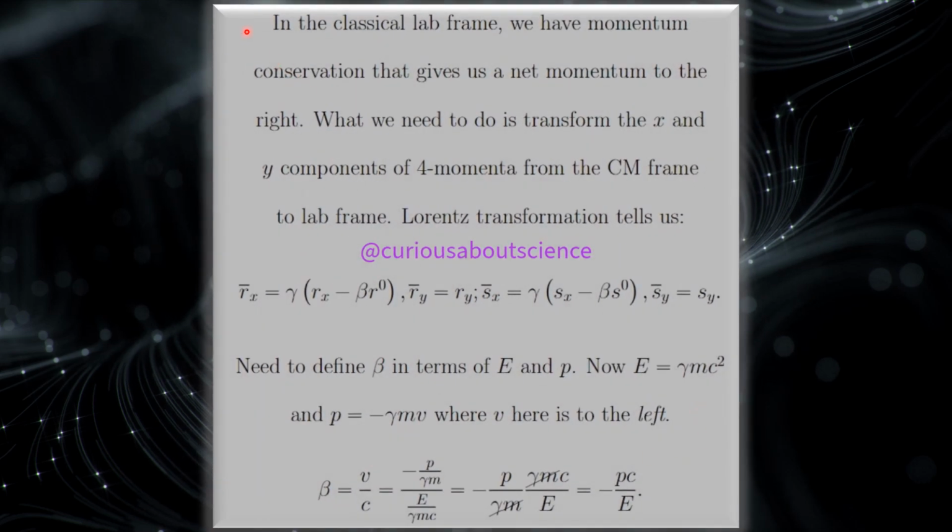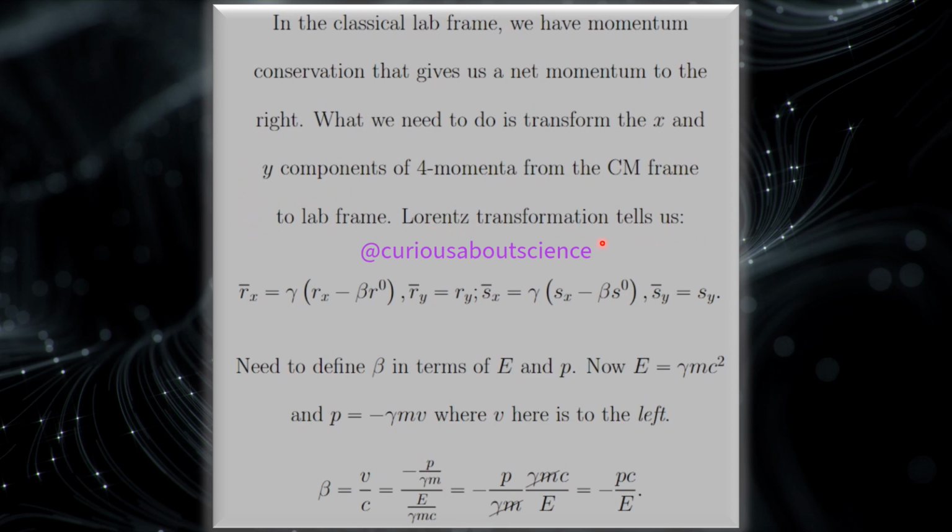All right. In the classical lab frame, we have momentum conservation that gives us a net momentum to the right. So what we need to do is transform the X and Y components of the four-momenta from the CM frame to the lab frame. This is where we get the transformations.